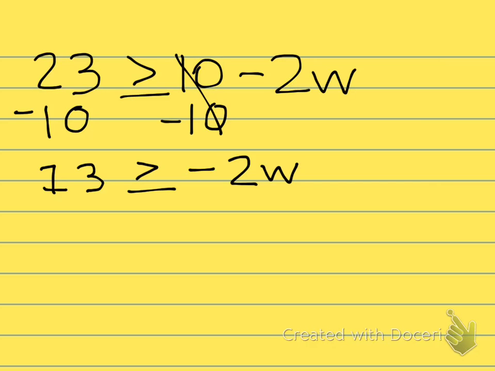Then we need to continue to cancel out the W, so we need to cancel out the negative 2. We cancel that out by dividing, since it's negative 2 times W. So we divide both sides by negative 2.